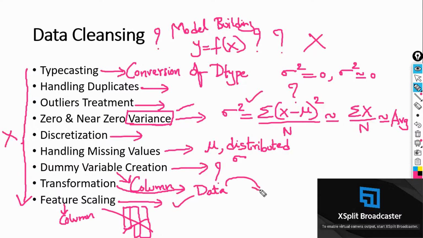What is that something else, we'll discuss. And feature scaling is nothing but scaling all the features to a particular scale. Why is this required? And what happens if you don't scale? Everything we'll discuss. No worries. Clear? Right.